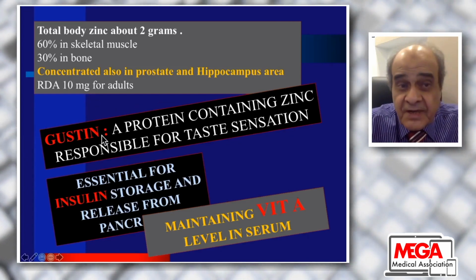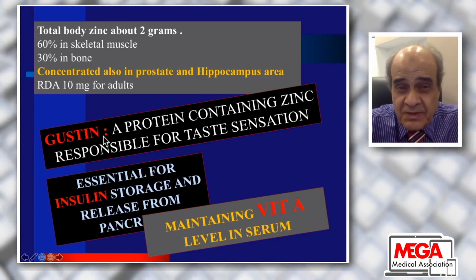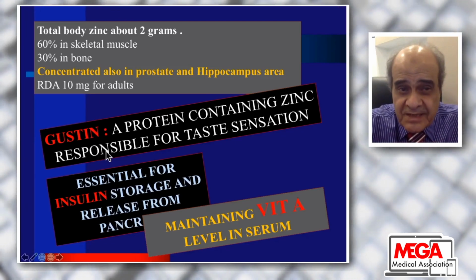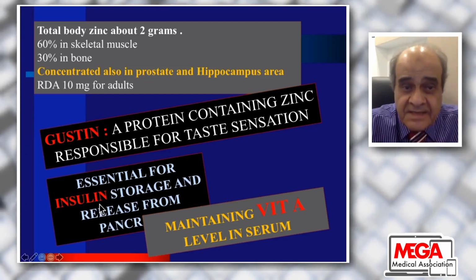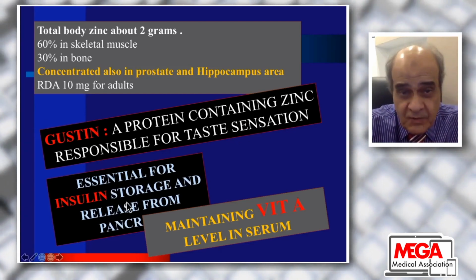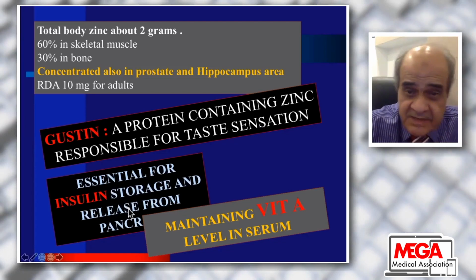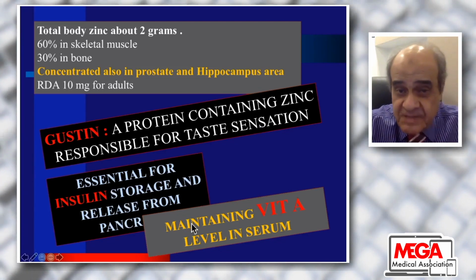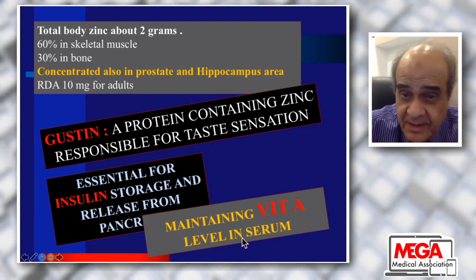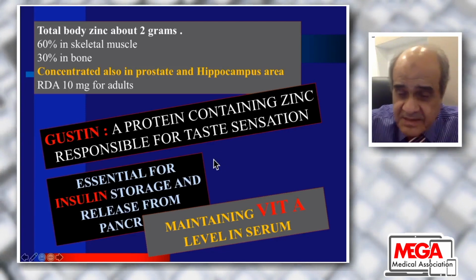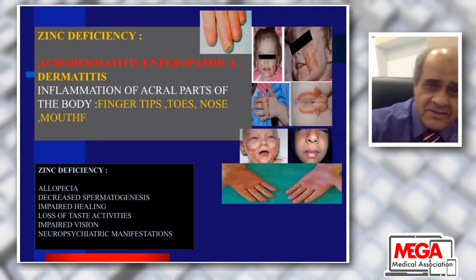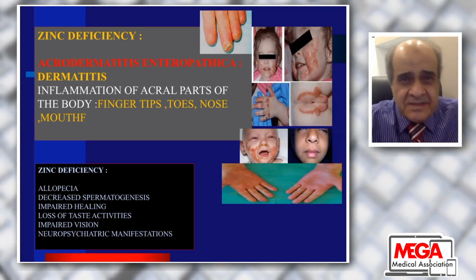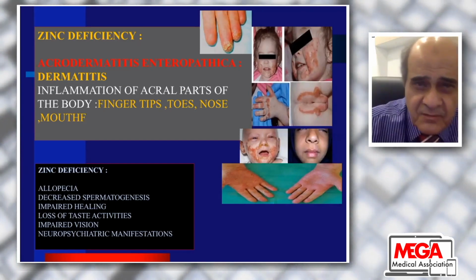Don't forget gustin, which is a protein containing zinc and very important for taste sensation. Zinc is essential for insulin, for storage of insulin and release from the pancreas, and also essential for vitamin A level in the serum. And I think zinc also, as we know, has some antiviral effect or hastens the recovery from viral infection.